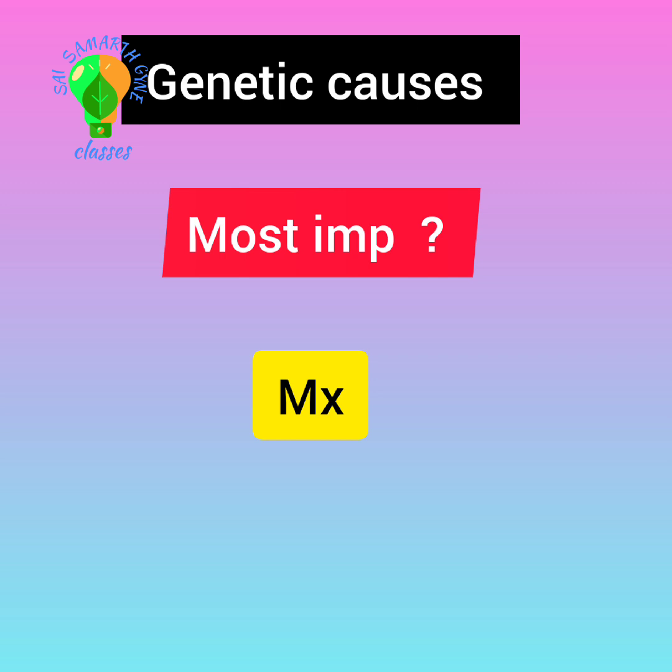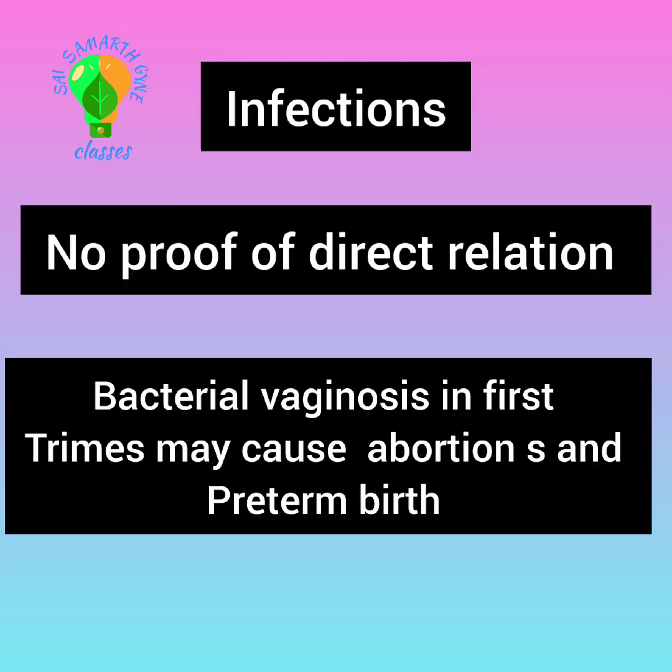The management is to perform karyotyping and find out whether a genetic defect is there in the mother or father. If it is there, then other than counseling and ART, they can be explained the importance of taking folic acid during pregnancy, and of course counseling and tender loving care is the management.